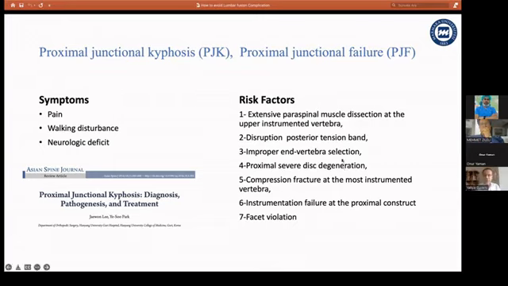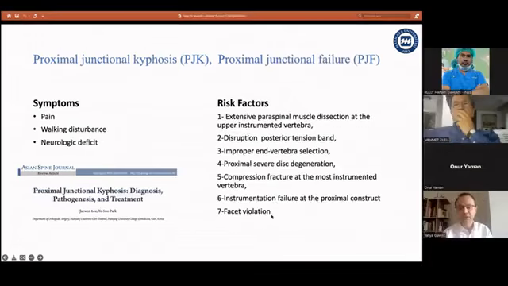Also compression fracture at the upper instrumented vertebra, instrumentation failure at the proximal construct, and facet violations. These cause PJK and PJF, and if we prevent this, we prevent these complications.